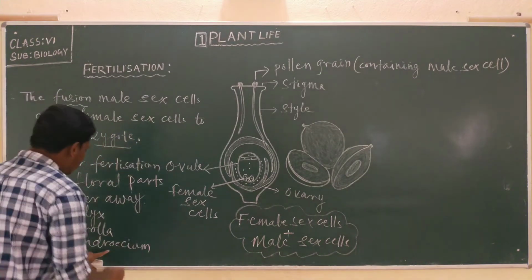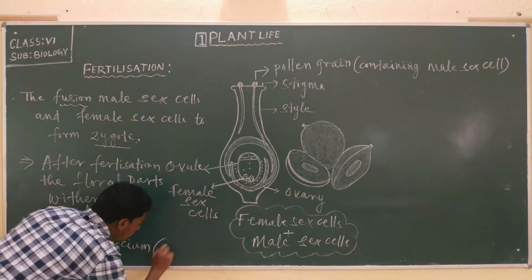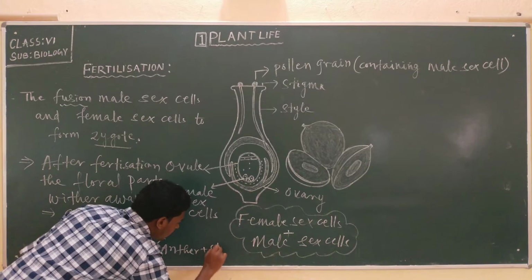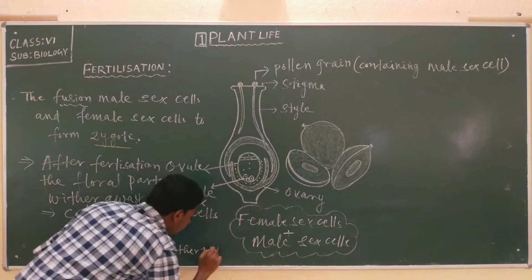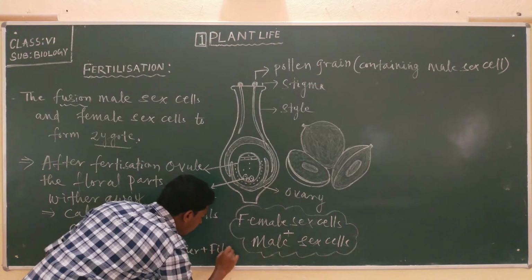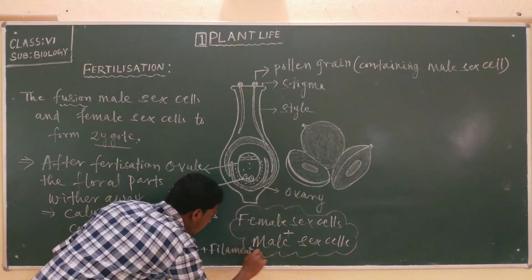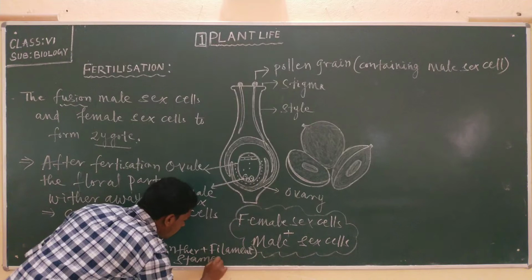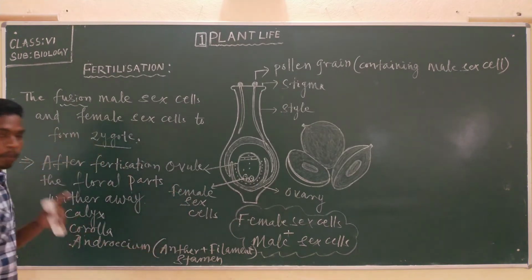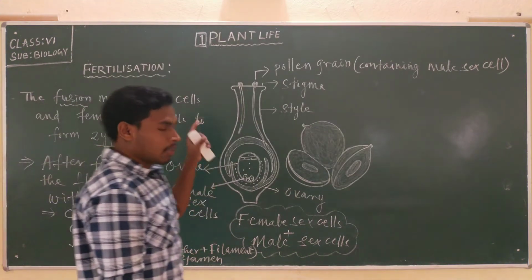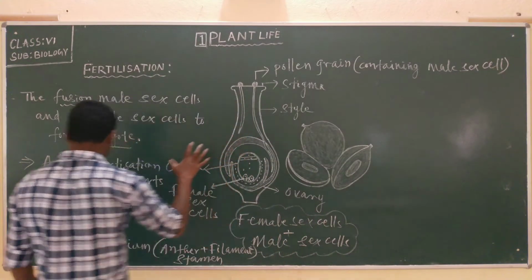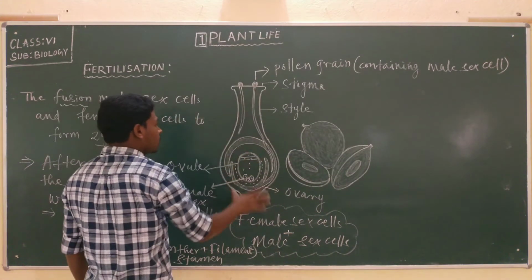The androecium consists of anther plus filament, and we also call this the stamen. This is the male reproductive part. Only the female reproductive part remains here.